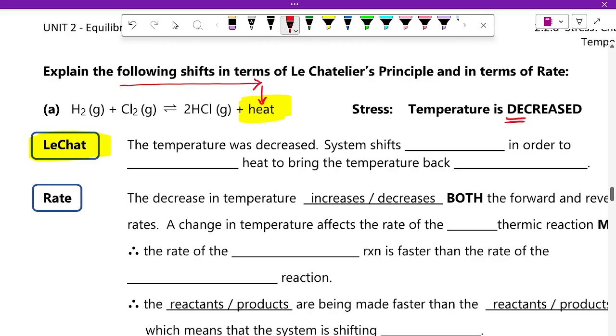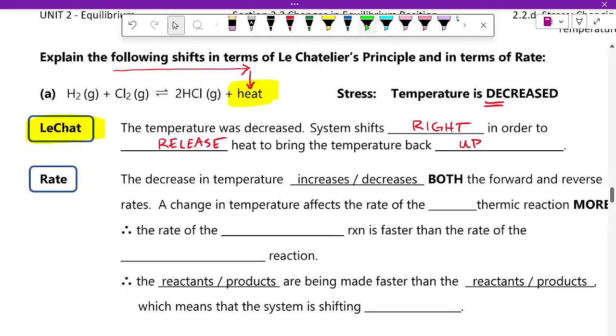This one just does this example. You would use the same framework for other ones though, okay? It shifts right in order to release heat to bring the temperature back up to its original.